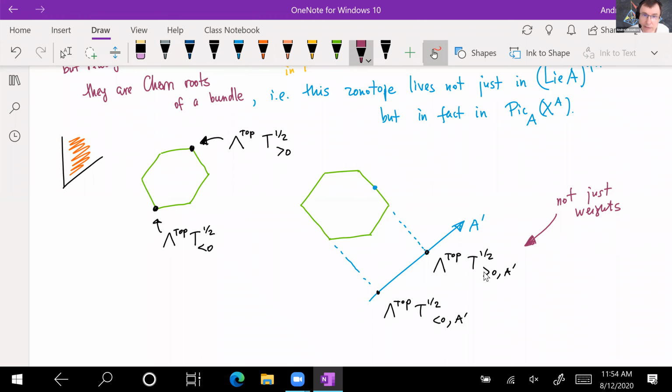This is the top exterior power of some vector bundle. These are also elements of the covariant Picard of the fixed locus. They have some line bundle in them. So these are not just weights, they're really line bundles. That's what I'm trying to say.